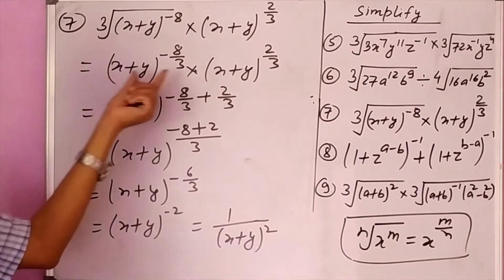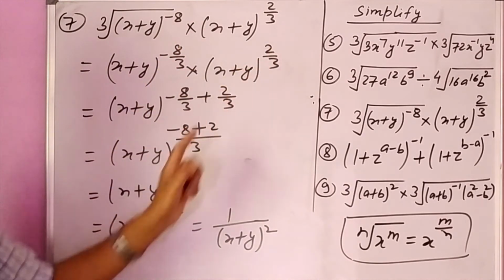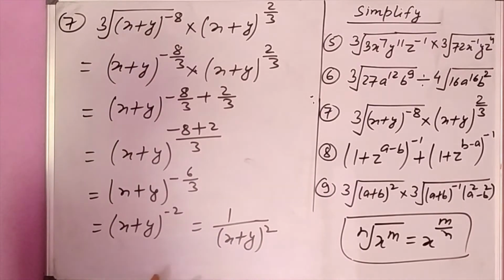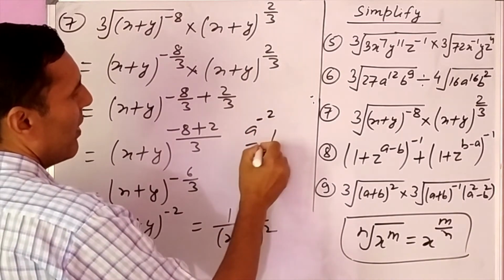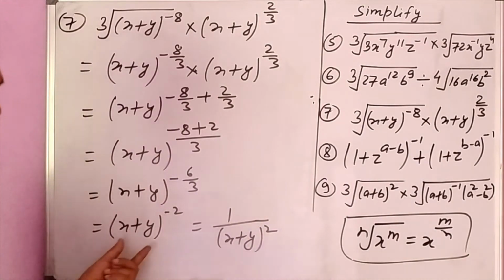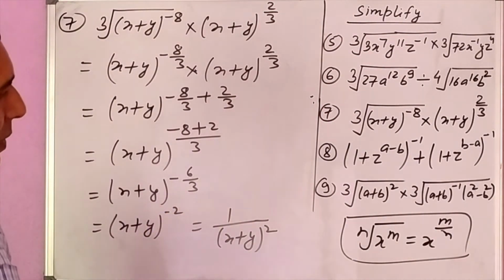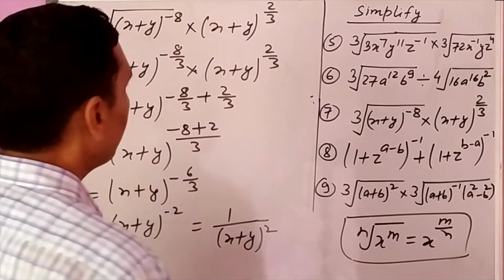Now we have the same base x plus y in multiplication form. On the same base, the powers are added together, minus 8 upon 3 plus 2 upon 3. So from this we get x plus y to the power minus 2, that is 1 upon x plus y whole square. You know that a to the power minus 2, when it is brought down, is 1 upon a square. Just like this, x plus y to the power minus 2 is 1 upon x plus y whole square. This is question number 7.